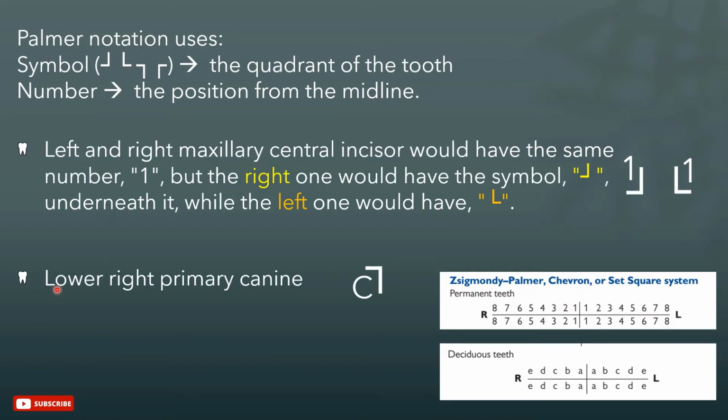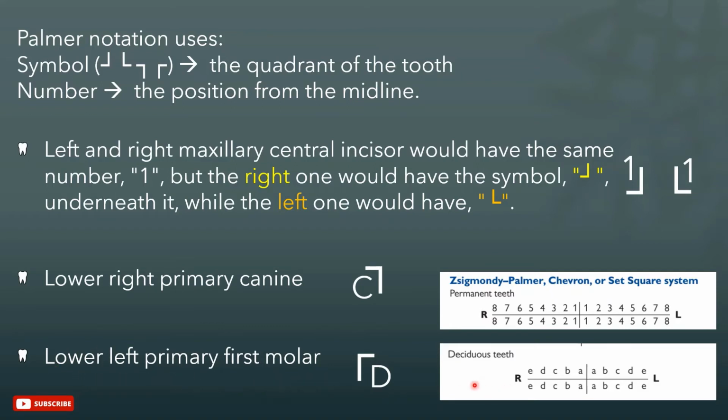If we're talking about the lower right primary canine, lower, so this corner indicates lower. Right, it's opened from the right of the patient. Primary canine, so you know that now you're using letters, not numbers, and canine is the third tooth indicated by the letter C. Lower left primary first molar.